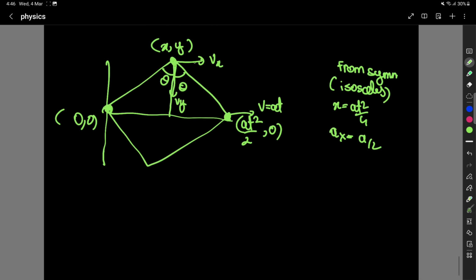So 90 minus theta also, Vx will come out to be at by 2.